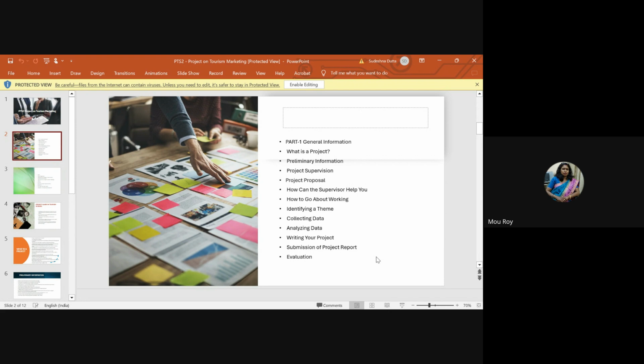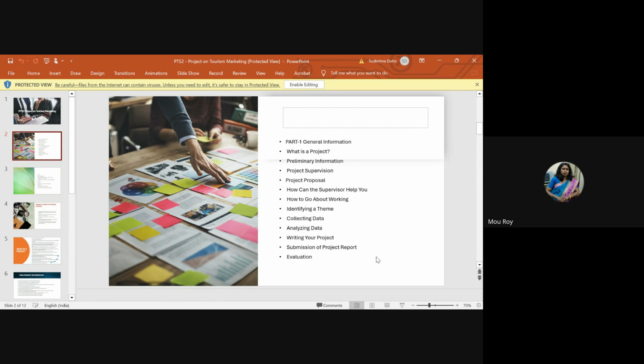The project will be in depth, with a full description, whereas your proposal is basically a draft: how will you do it, what are the important points to be collected.